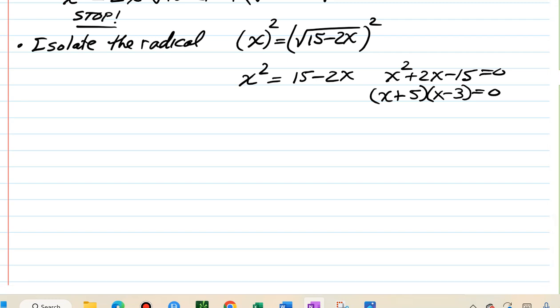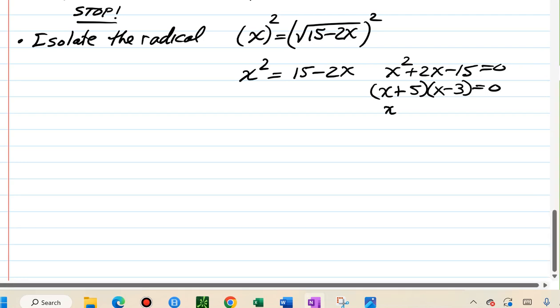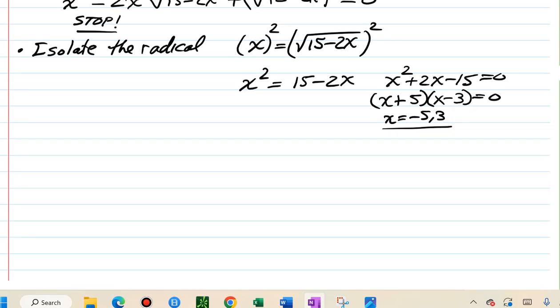It's just going to solve it. So that would be my personal preference. If something is not factorable, I use the quadratic formula. So this one is going to work out, and the solution: negative 5 makes the first binomial 0, 3 makes the second binomial 0. So those are two solutions.